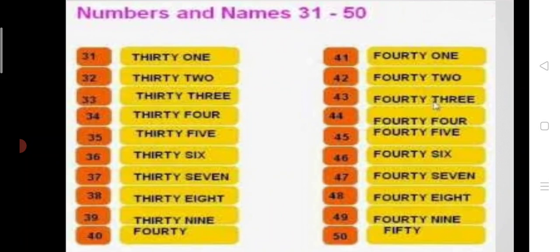Next, 41, 42, 43, 44, 45, 46, 47, 48, 49, 50. So all these are number names up to 50. You have to learn the number names of each number up to 50.